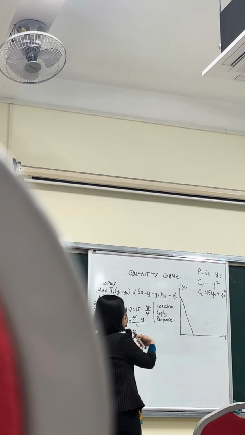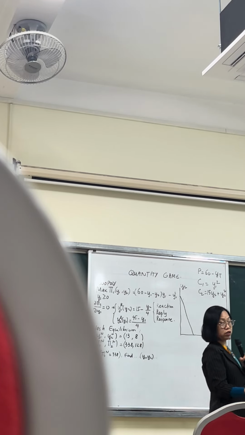So for one level of profit of firm 1 to be unchanged, for example the level of 338, find all the combinations of Y1, Y2. Find the locus, if you want another word for that.